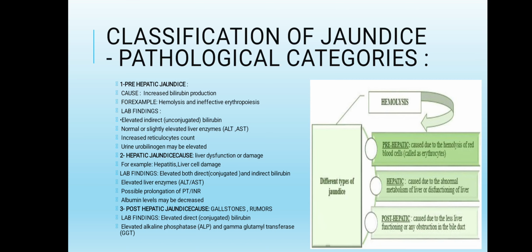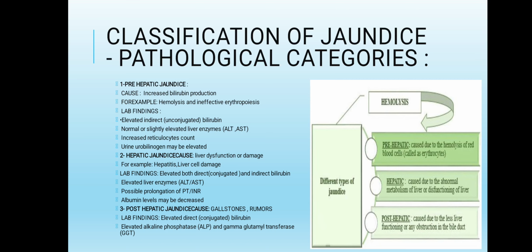Elevated ALT often indicates liver damage, for example hepatitis, and elevated AST often indicates liver damage but may also be due to other conditions, for example muscle damage. The third is increased reticulocyte count if due to hemolysis. The fourth is that urine urobilinogen may be elevated.